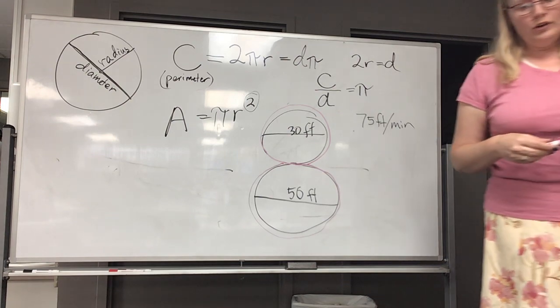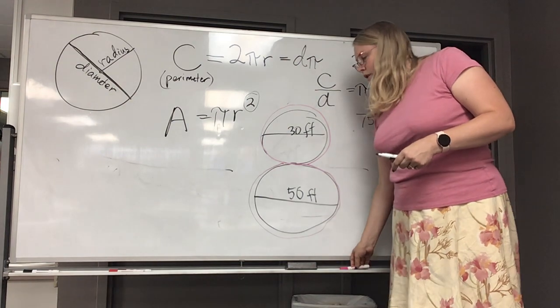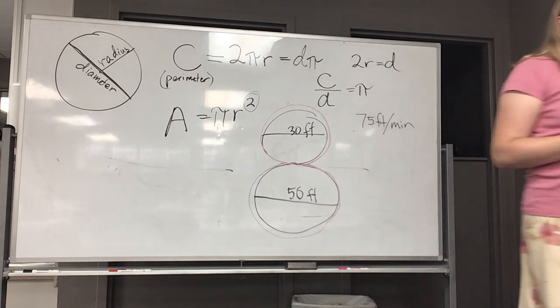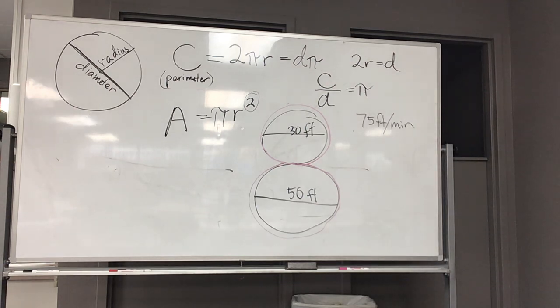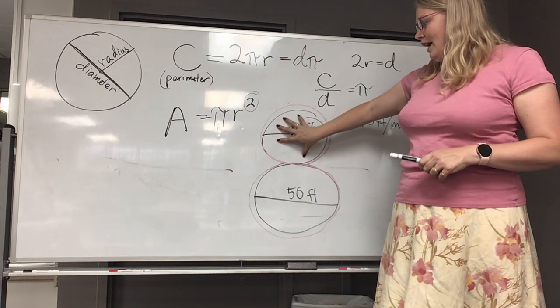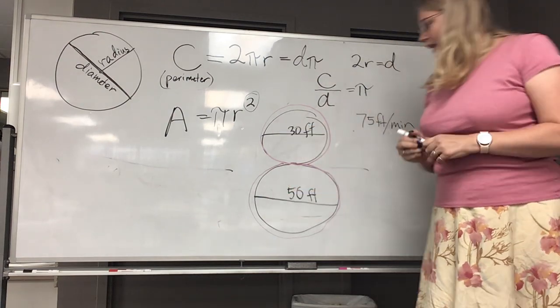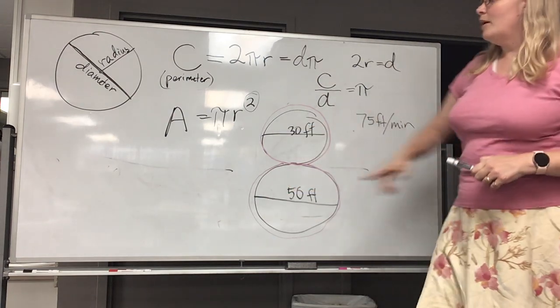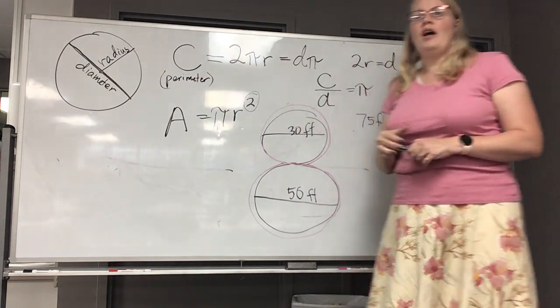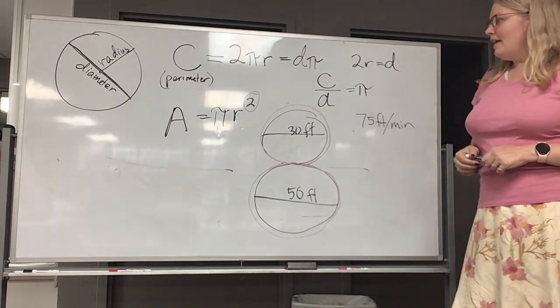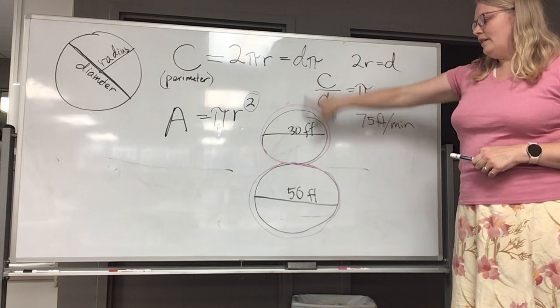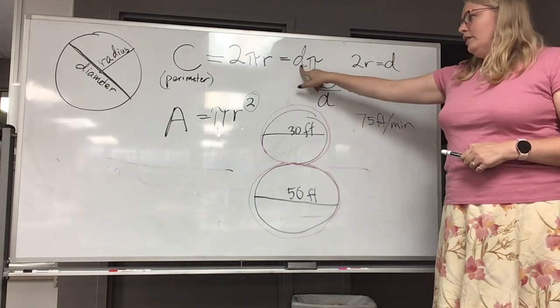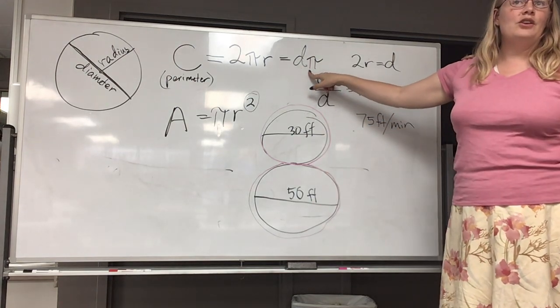So, in order to solve this, what do we need to know? Yes? The perimeter of both circles. Yeah, we've got to find the perimeter of both circles. Remember, perimeter is the circumference. And since they gave it to us in diameter, this one's slightly easier to use.